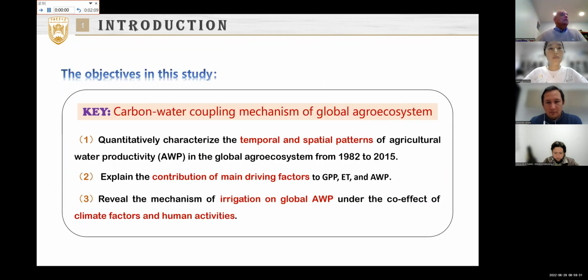Above all, the objective of our study is first, to quantitatively characterize the temporal and spatial patterns of agricultural water productivity in the global agro-ecosystem. Second, explain the contribution of main driving factors to GPP, ET, and AWP. Third, reveal the mechanism of irrigation on global AWP under the core effect of climate factors and human activities.